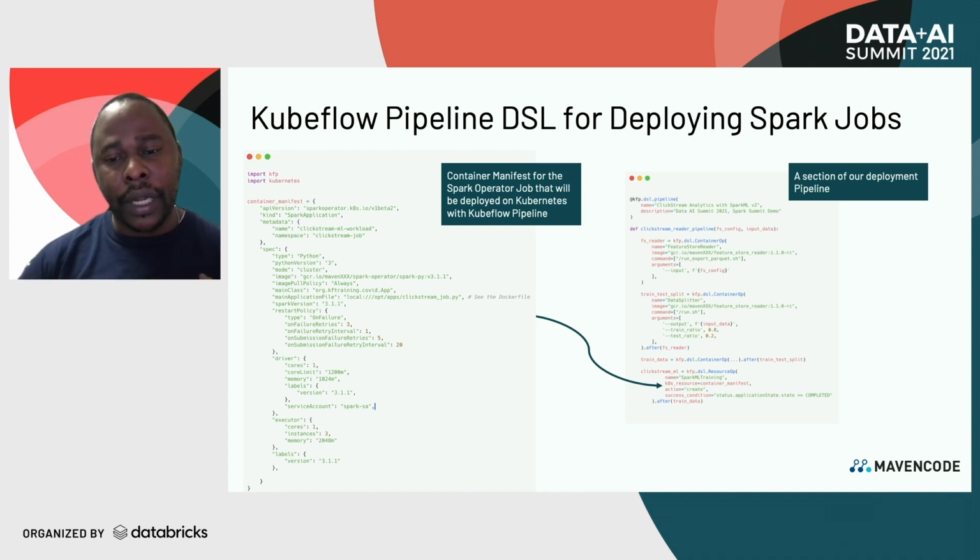So we're basically trying to deploy this resource, so you use a resource op DSL on the Kubeflow pipeline. But if you notice, this YAML configuration is similar to what we saw previously. So we're trying to run a Python type code, which, it goes without saying, is a PySpark job with Python 3. This is our base image, the image pull policy, and stuff like that.